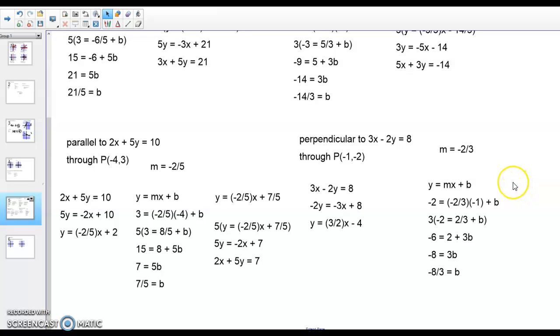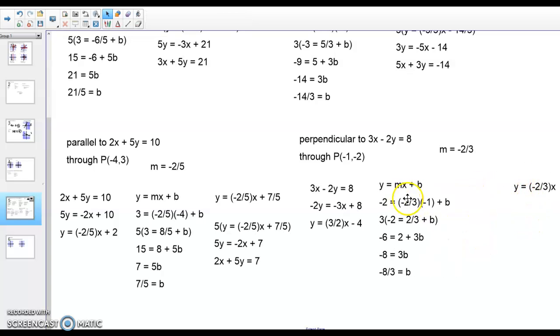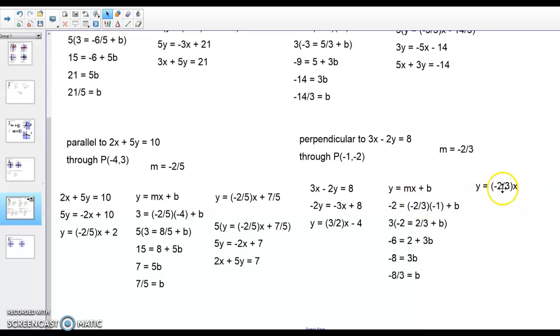Okay, now when I plug that in, we get y equals negative 2/3 x minus 8/3. Don't put plus minus, that's going to throw you off. Now to put it in standard form, we're going to do 3 times y equals negative 2/3 x minus 8/3.